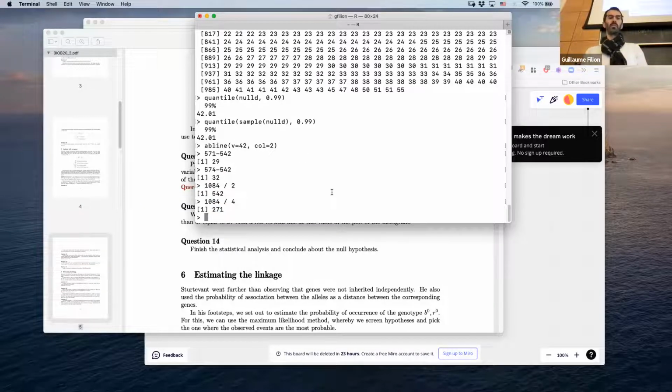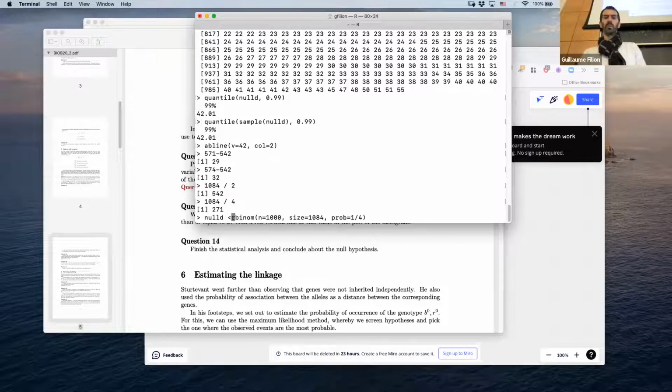So here we go again. We use rbinom to sample from the binomial distribution. We want 1,000 of them. The size is still the same, 1,000 as before. And now the novelty is that the probability is 1/4. The question asks us to put this into what we're going to call null d.